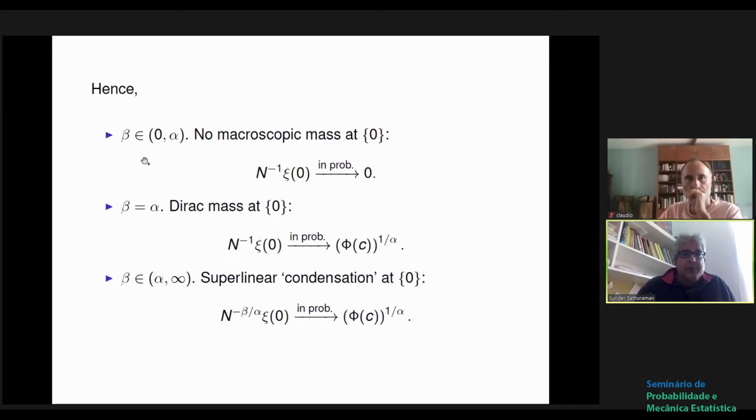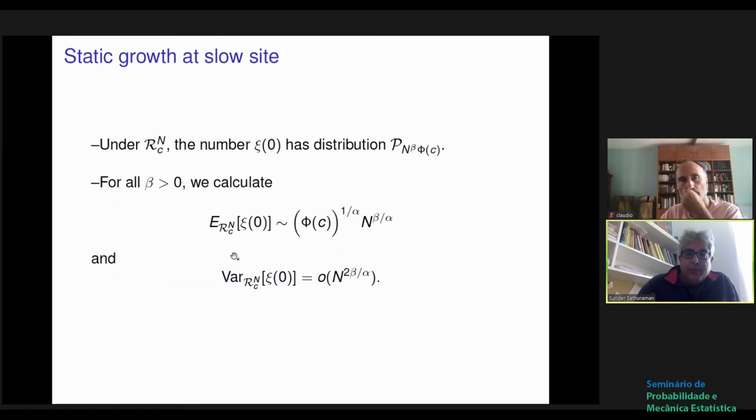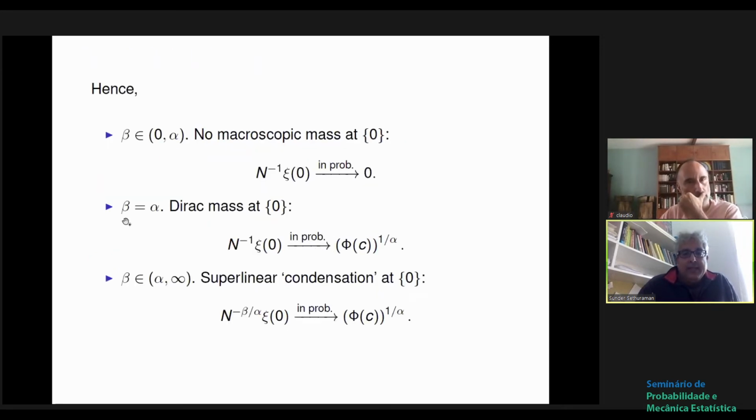So if beta is less than alpha, then of course you don't really feel the slow site. That's maybe intuitive. If beta is small enough, then the defect is not seen. If beta is equal to alpha, then you see from the previous result that the level of particles is order n, and you get some constant here.